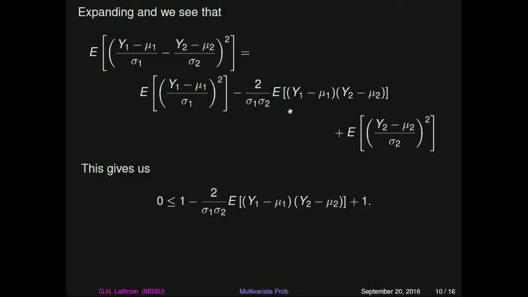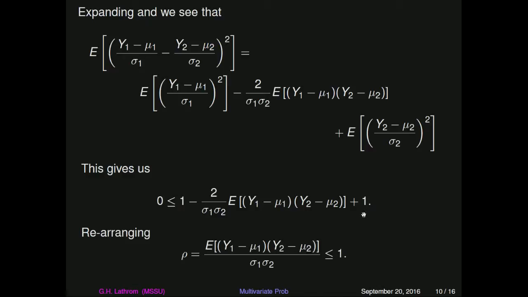Now, what this means is that from our previous example, these values were 1. This value was 1. And since this was positive, we have 0 is less than or equal to 1 minus 2 over sigma sub 1 sigma sub 2, times the expected value of this expression, plus 1.